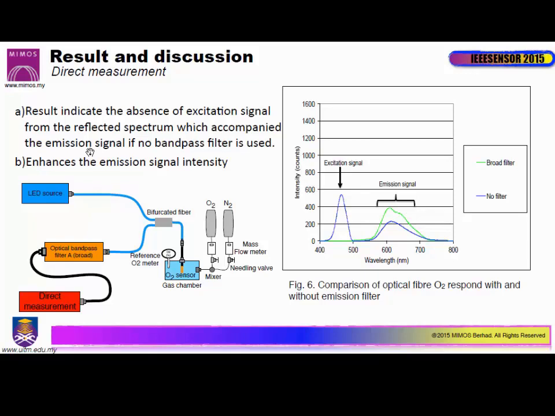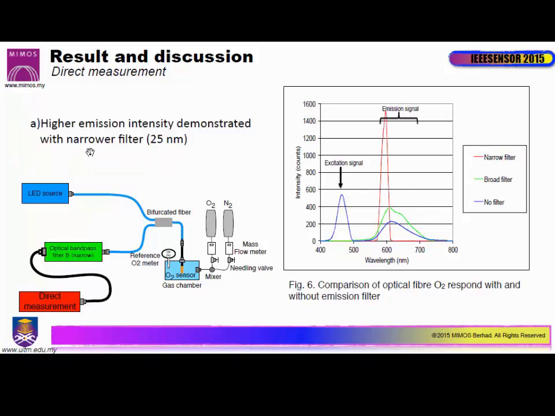Okay, so then we proceed by testing it with a narrower bandpass filter. It's about a 25 nanometer bandpass filter, and it responds very well, and you can see that the emission signal has increased tremendously. But we have to quantify whether this relates to the performance of the sensor.